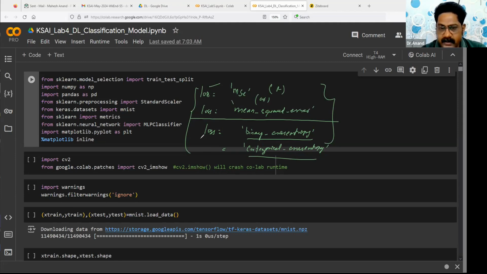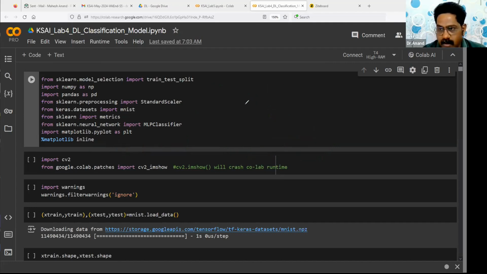But in the manual calculation, when we defined the loss function, I made use of the (y minus y cap) whole square formula itself. I extended it because that was easier for us to do the manual calculation. However, when they program this internally inside the API, you may be aware of log loss, isn't it, for classification? So internally, the loss is written in the form of cross entropy.